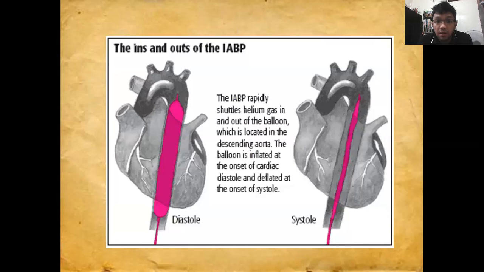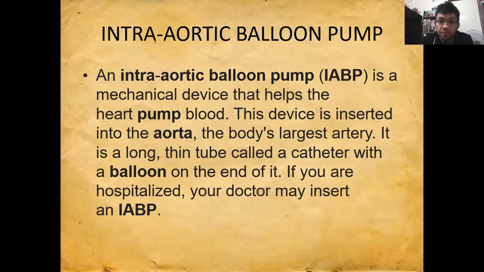Here, the descending aorta is used, and the balloon is inflated at the onset of cardiac diastole and deflated at the onset of systole. That is the IABP. So it will help the heart pump blood.